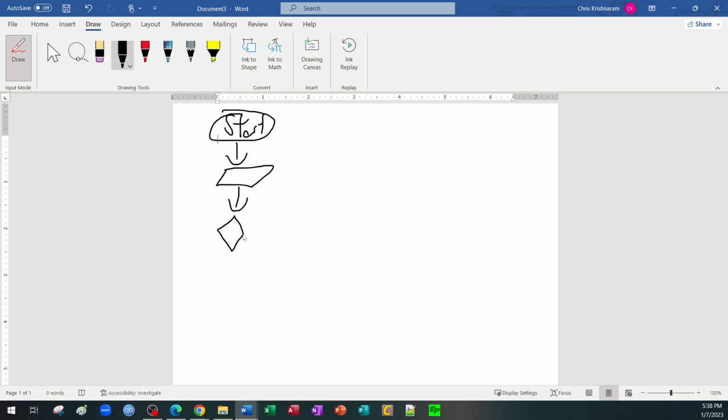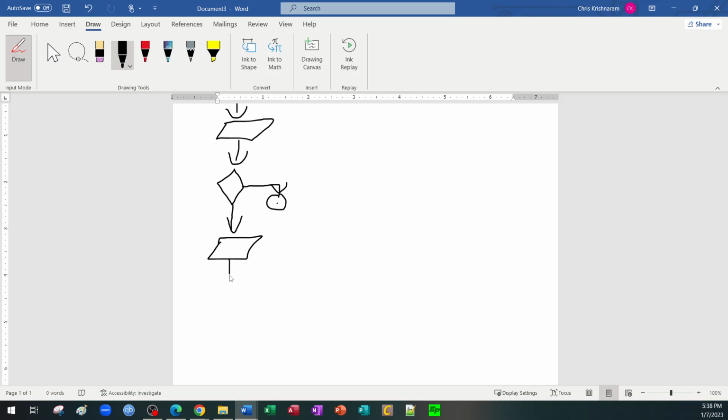So in this case, we can say when you come out here, go to this connector here, and then this part here is going to continue here like this.